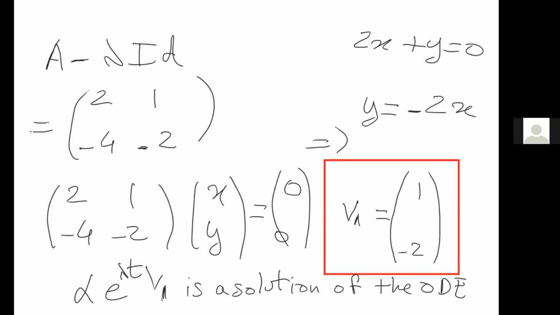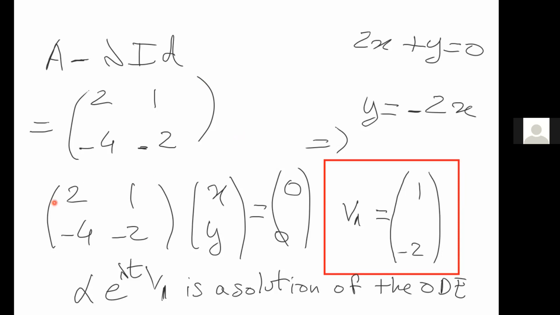But we are going to look for an eigenvector associated with this eigenvalue. Here I compute A minus lambda identity, which gives this matrix.